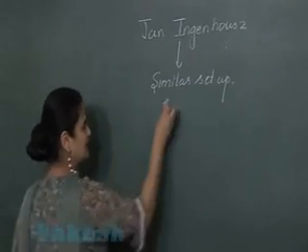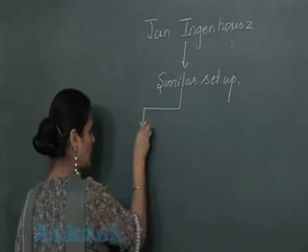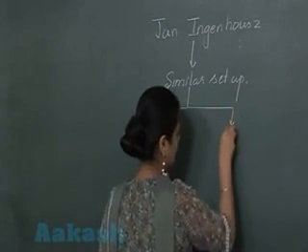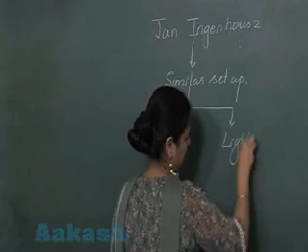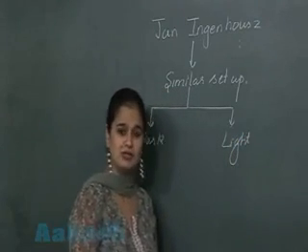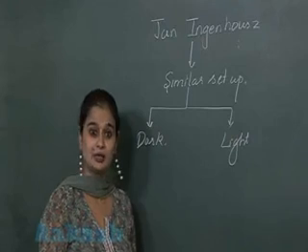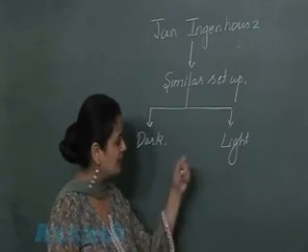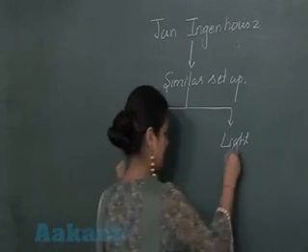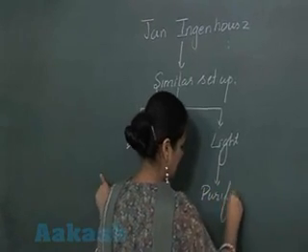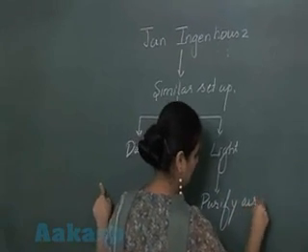And he placed this setup once in the dark and once in the light. And what he observed was that a plant can purify air only when the light is present. Yes, only in the presence of light can plants purify air.